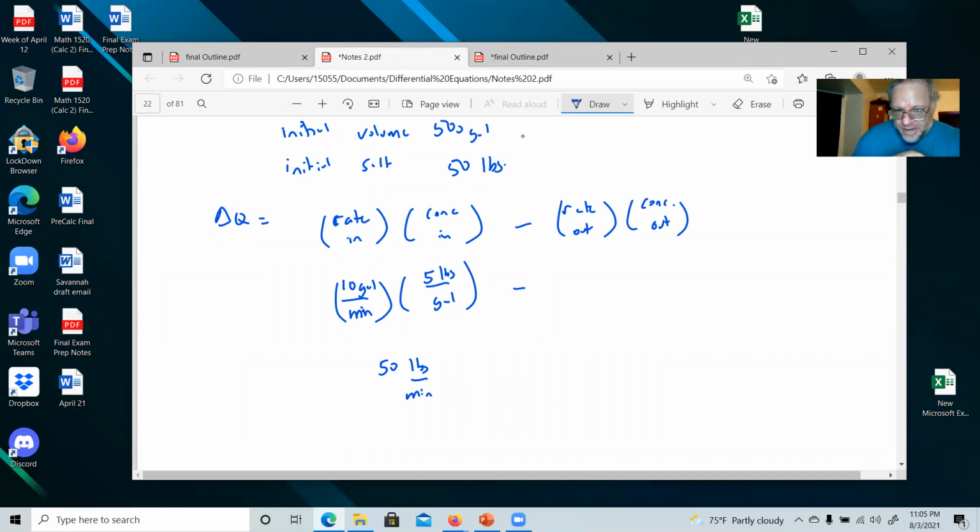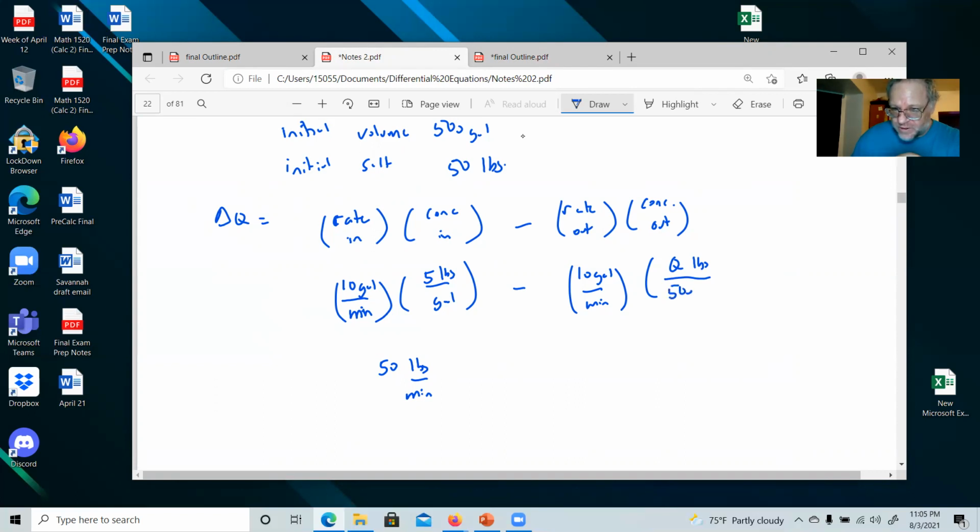Minus our rate out, which is still 10 gallons per minute, and our concentration is Q pounds, because we don't know how much salt is in the tank, divided by 500 gallons.